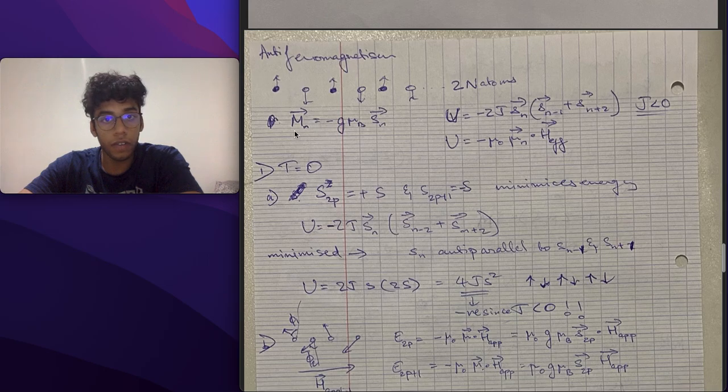So now we have Mn is minus G mu B Sn, where n is the index of which particular atom you're talking about.